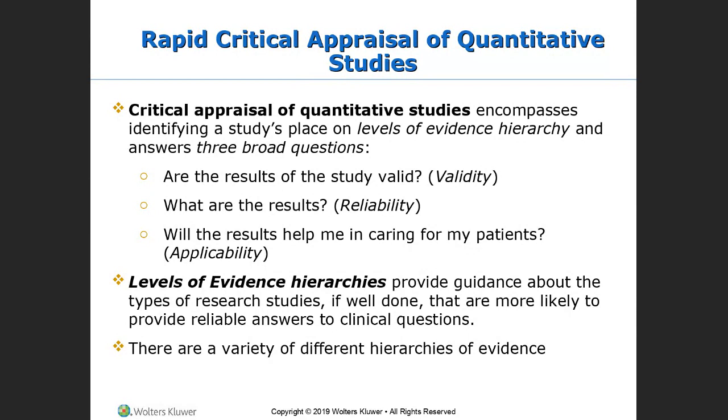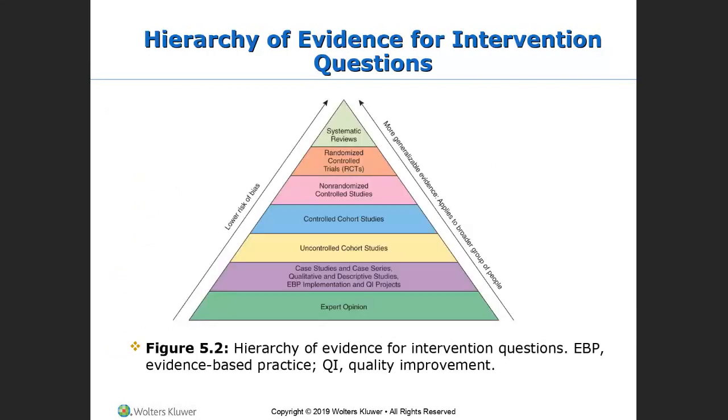The level of evidence hierarchies provide some important guidance, and we'll look at them in the next slide, but there are a variety of different hierarchies of evidence, and some are more important than others. So this is the hierarchy of evidence when we're looking at evidence-based questions or quality improvement.